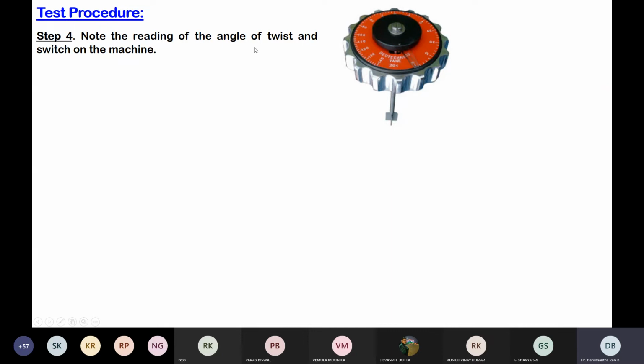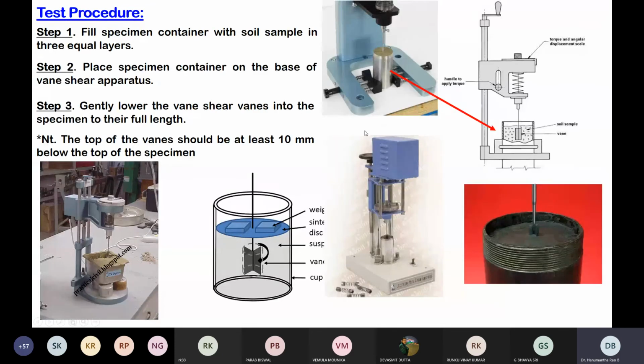Now, when you apply the angle of twist, this has to be transferred to the blades. In between, there exists a spring. This spring facilitates the transfer of torque from the spindle to the vane blade. Therefore, the amount of the application of the torque highly depends upon the spring constant, so you need to note down initially what the spring constant is.